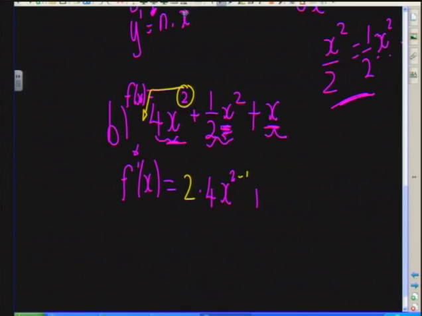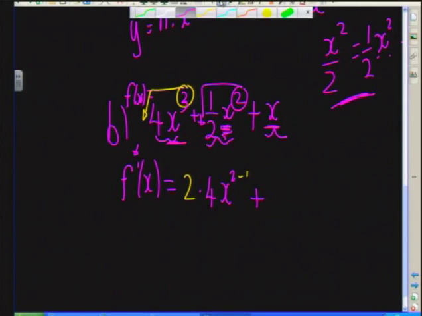So it's going to be plus, and then again, I'm going to bring this 2 and multiply it to the half. All right, this was actually a cubed, guys. Sorry, my mistake. The question was originally a cube, and I just took it down incorrectly. So that's a 3. And that's a 3.